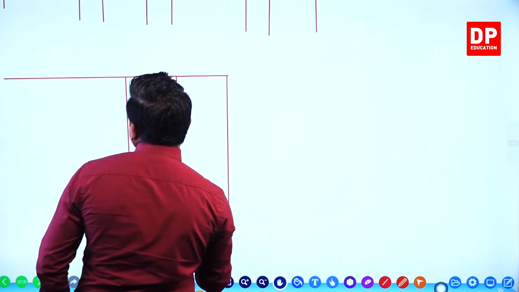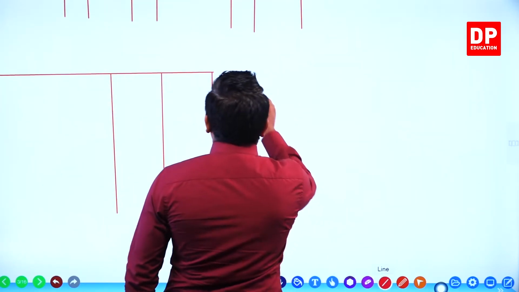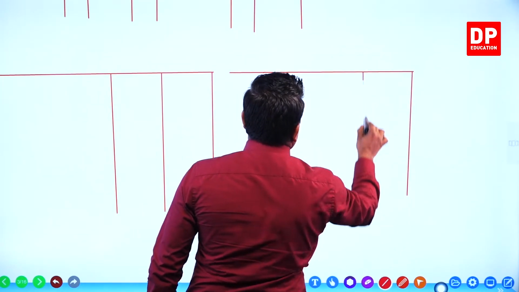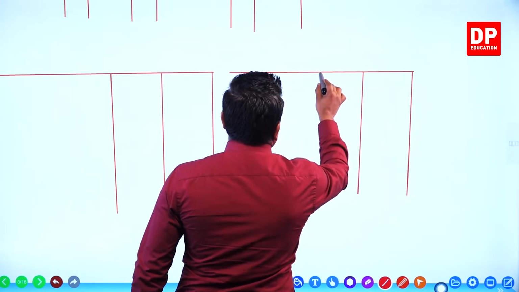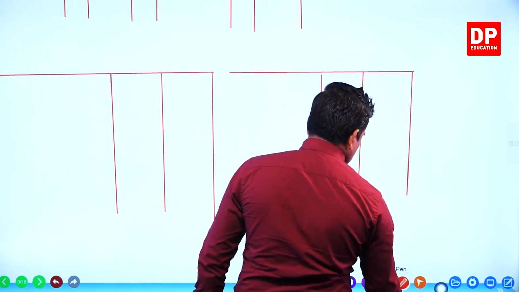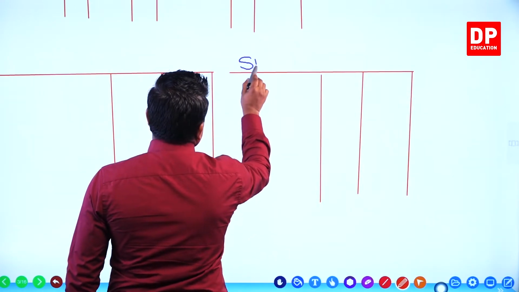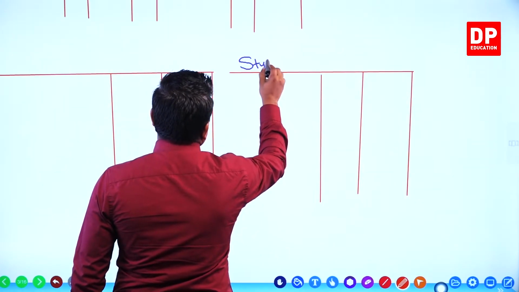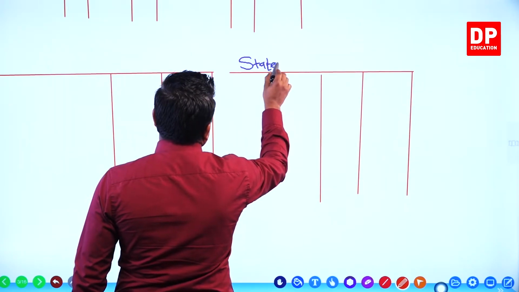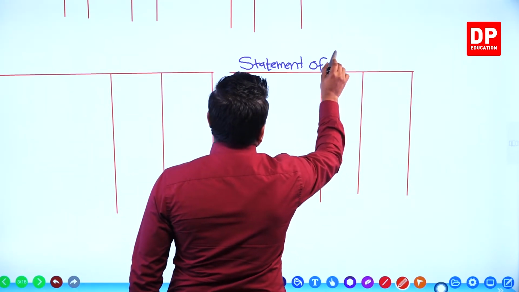I think it's better if I draw it here, then it's easy for you to understand. Then I use another color. What is this? Statement of financial position.